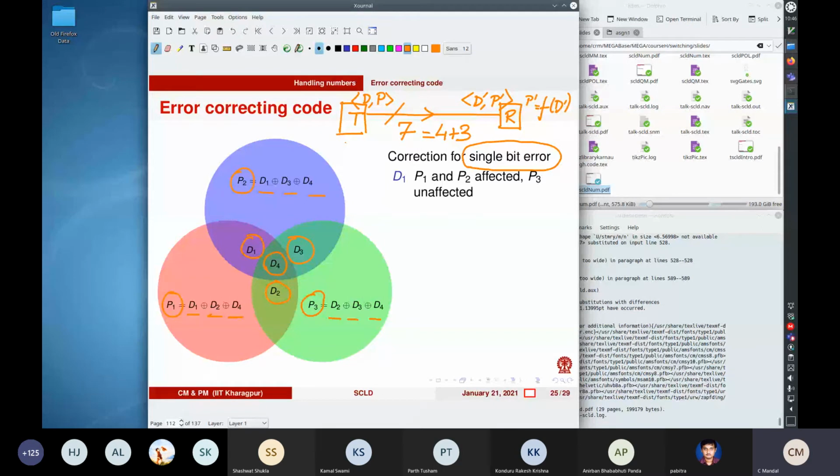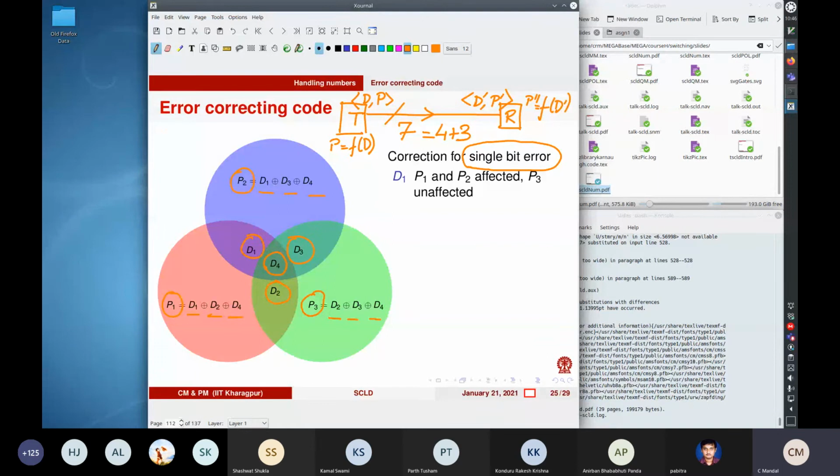So this is P dash, and you are going to, all right, not P dash, but rather P dash dash. So you're recomputing the parities from these data bits, and then you are going to compare.